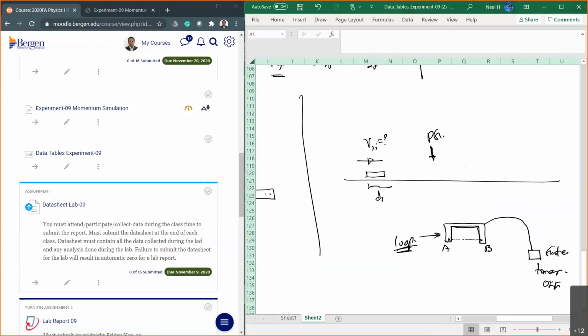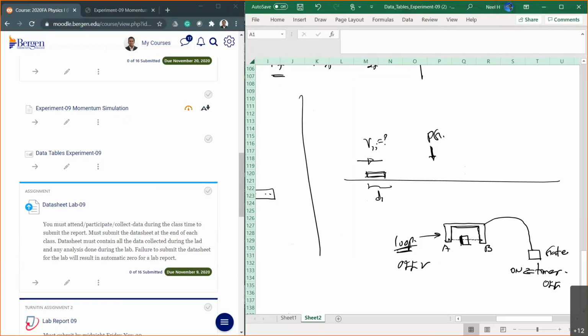Now we have a cart right here. We're going to let that cart pass through exactly this location, in between the U-shaped photogate. When the cart is in there, what will happen? The loop is broken, not completed. As a result, the timer will switch on.